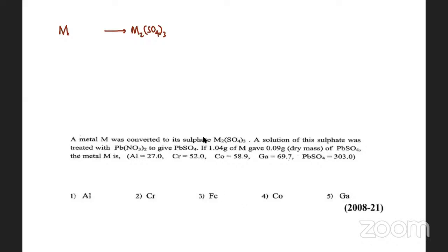If you want a metal to produce its sulfate, you have to allow that metal to react with who? Now, for example, if you have aluminium, aluminium will react with someone to form aluminium sulfate. Who is that? No idea? It's there in O level. H2SO4, acid.